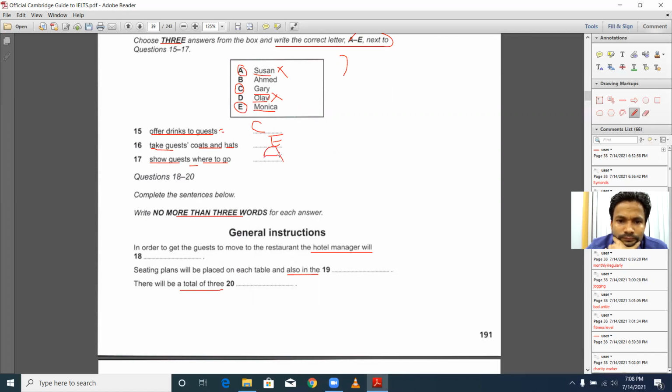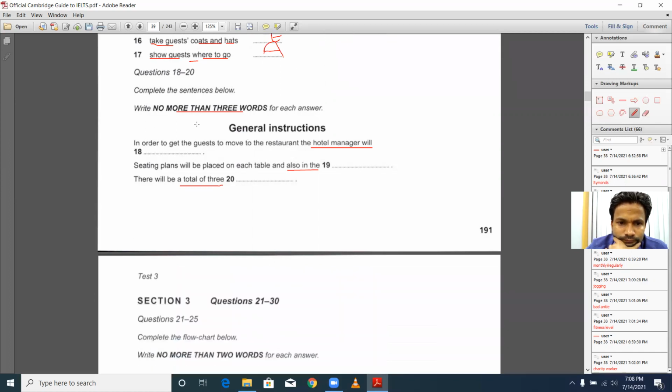Right, and now for some general instructions. Once the guests have arrived, they will be in and around the lounge area. And then at around 8:30, we need to get them to move to the restaurant for their meal. This often proves difficult and can take a long time. So I will ring a bell so that everyone knows it's time to eat. Hopefully, this will speed things up a bit.